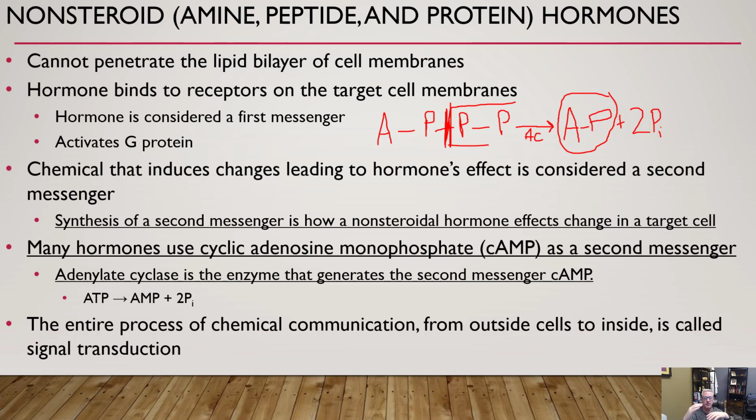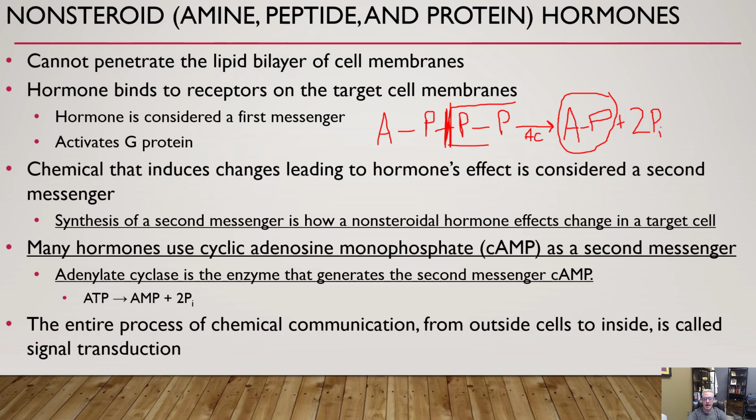This activated G protein moves along the inside of the plasma membrane and binds to an enzyme called adenylate cyclase, which is an integral membrane protein with its active site facing inside the cell. Activated adenylate cyclase removes 2 phosphates from ATP and forms cyclic AMP.